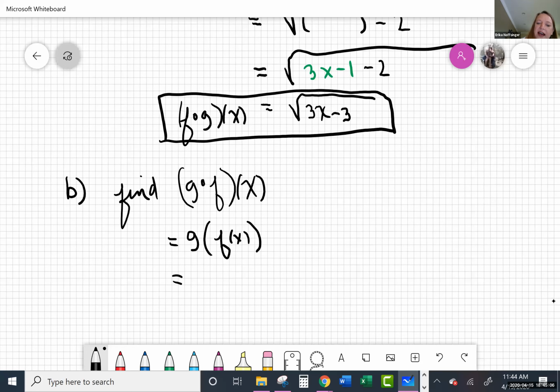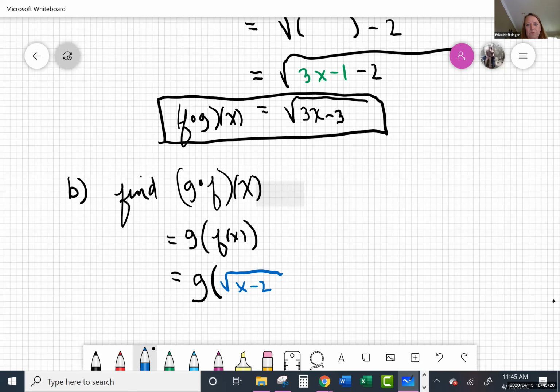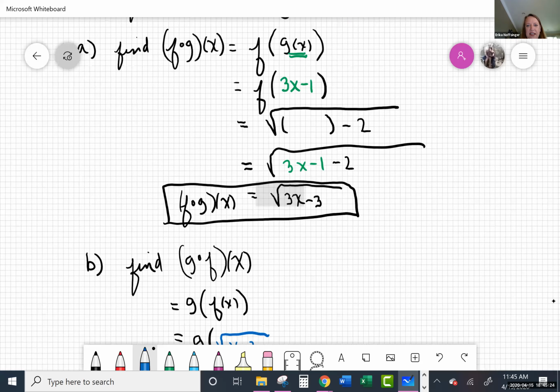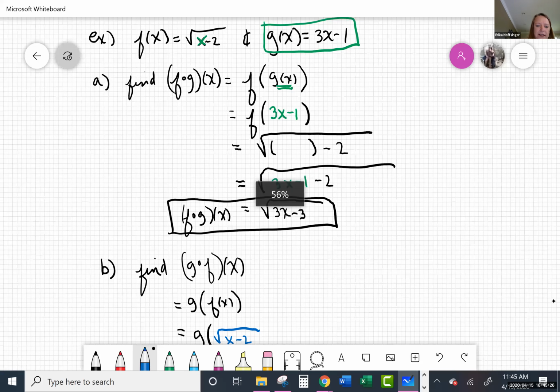So let's go back and replace in this parentheses what f of x is. So f of x was the square root of x minus 2. And now we're going to plug that in wherever we see an x in g of x.